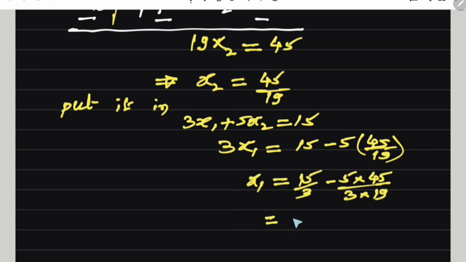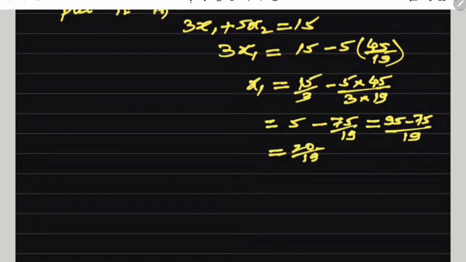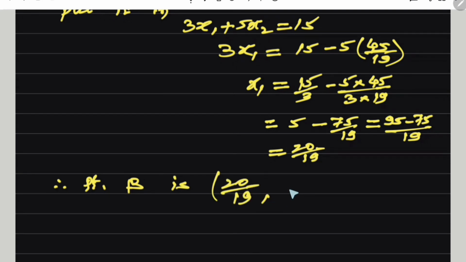This is 5 minus 75 by 19. Finding LCM as 19, it is 95 minus 75 by 19, 20 by 19. You can use a calculator to perform all this calculation, and therefore the coordinates for B are x1 as 20 by 19 and x2 as 45 by 19.